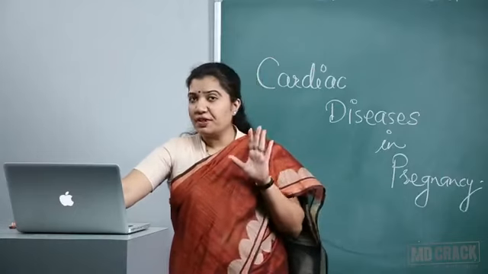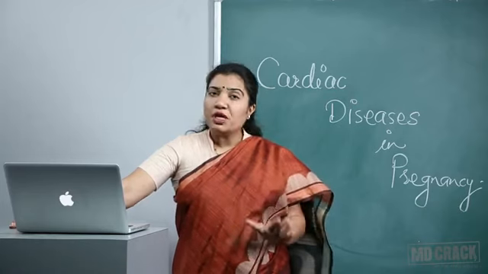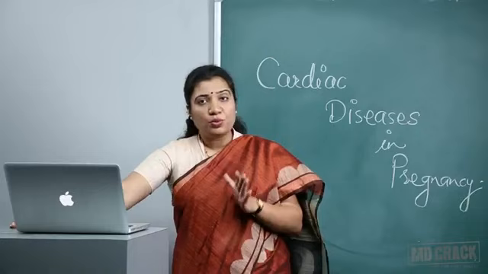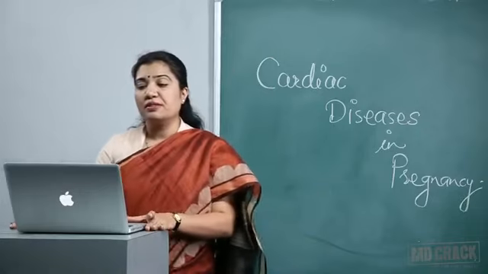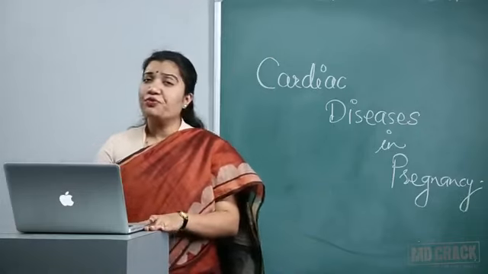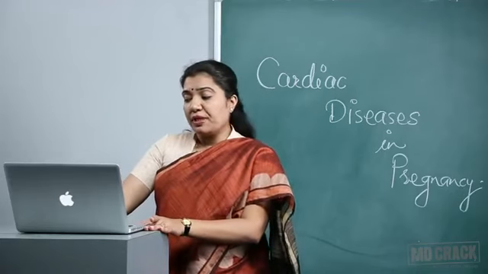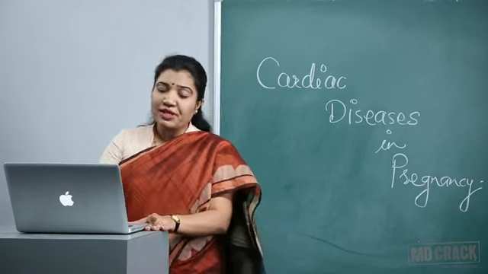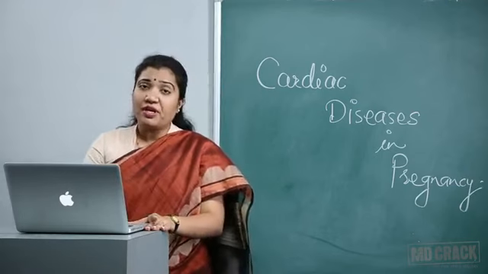Whenever there is pulmonary hypertension, we should counsel the patient and tell her everything, and only then should she go ahead with pregnancy, because there is a lot of danger of decompensation during pregnancy. Especially in cases of Eisenmenger syndrome, we should warn the patient in strict language that it may be life-threatening.